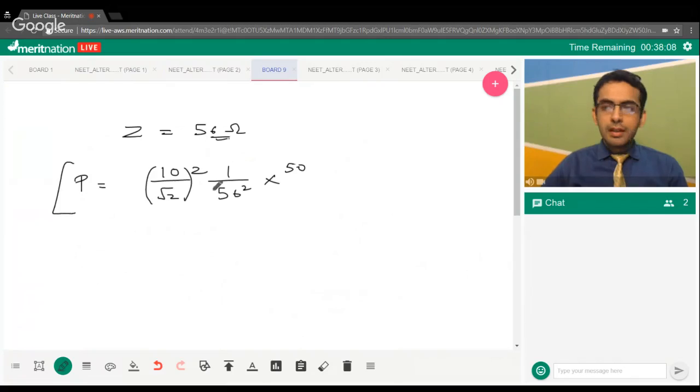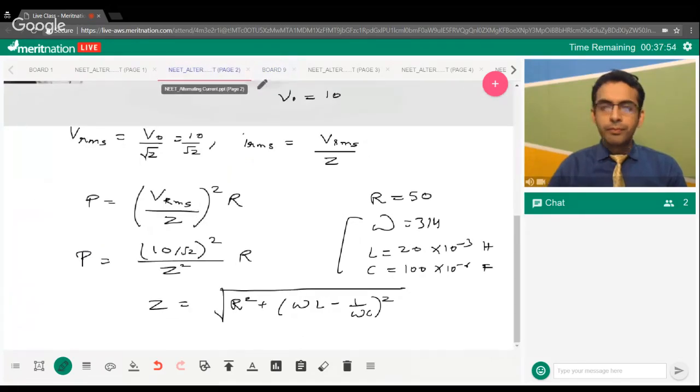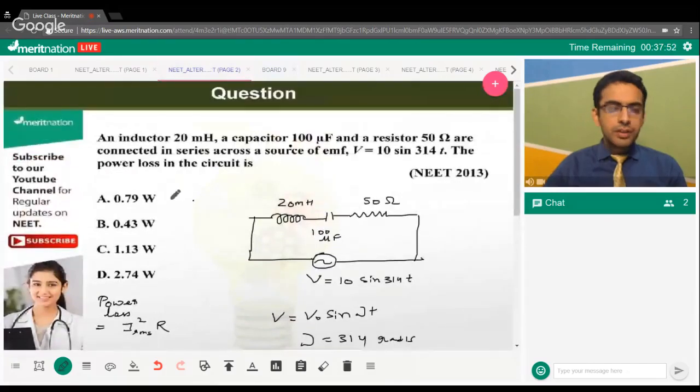So ultimately, you can find the value of power to be equal to 0.79 watts. I hope you're able to understand this. So the correct answer for the given question is A. Let's move to the next question.